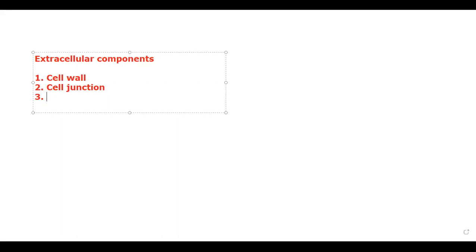Third one, plasmodesmata, no, the master heading. And that is the last heading: matrix of animal cells. We have to tell what is there.